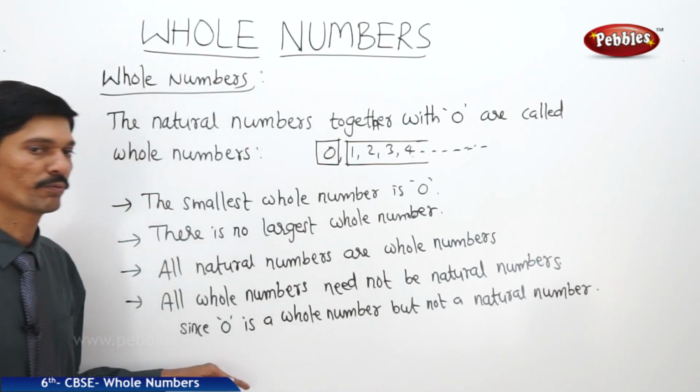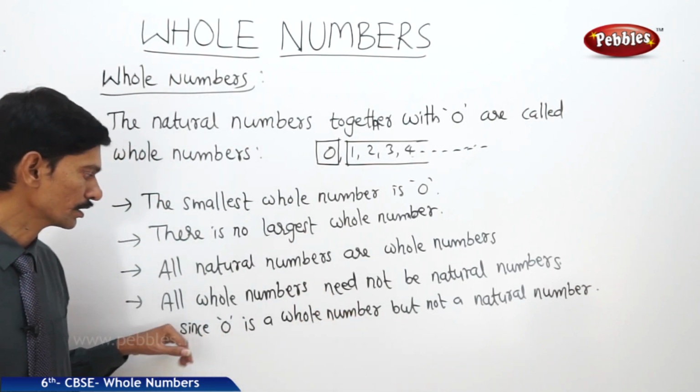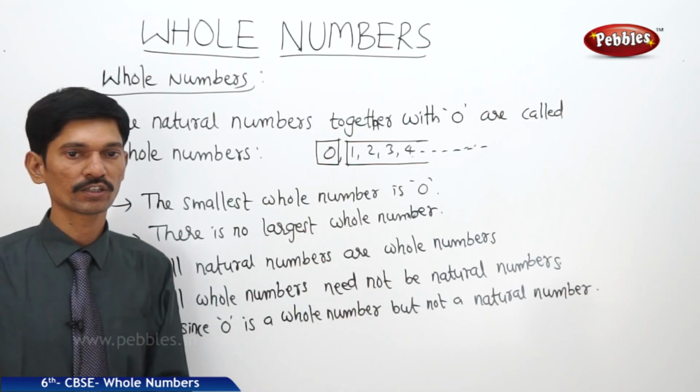So 0 is a whole number but not a natural number. So we can write that all whole numbers need not be natural numbers.